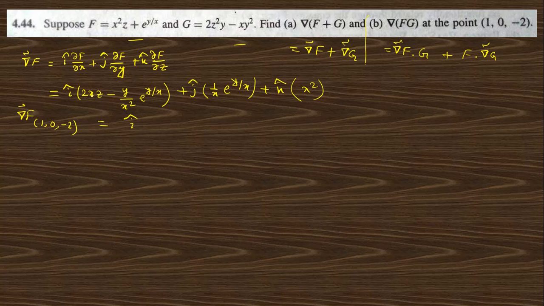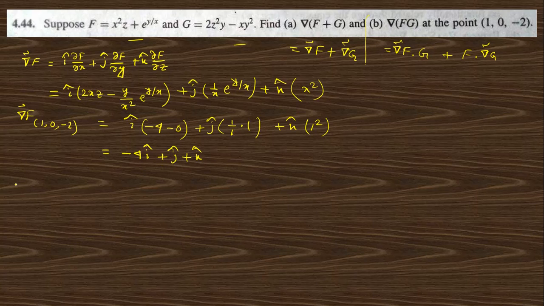This is 1, this is -2, so this is -4, and since y is 0, this becomes 0. Similarly, for j cap, 1 by x, x is 1, e to the power 0 is 1, and k cap x square means 1 square. So this will become -4 i cap plus j cap plus k cap. This is the gradient of f at that point.